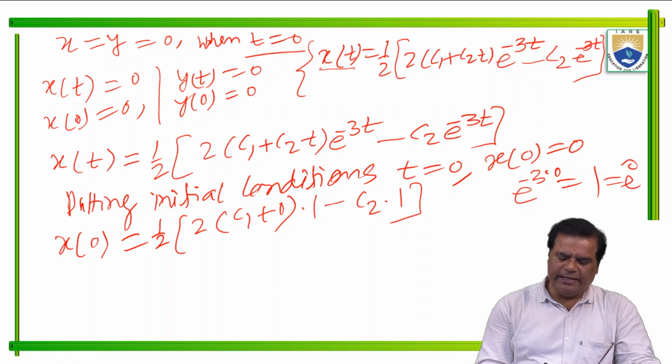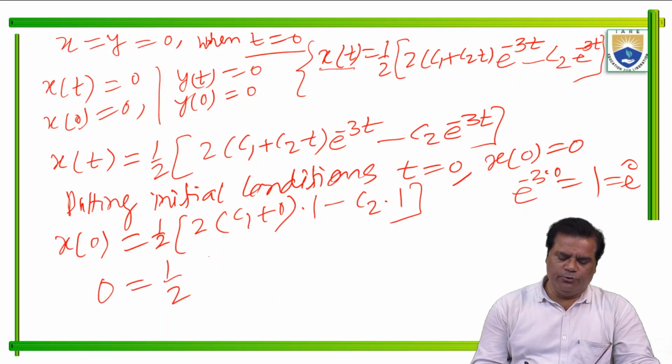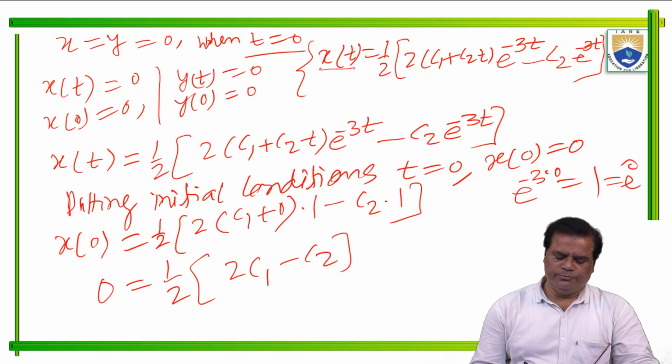We write x(0) is given as 0, so 0 is 1 upon 2 times (2c1 minus c2). So 2 goes across, and 2c1 minus c2 is 0.